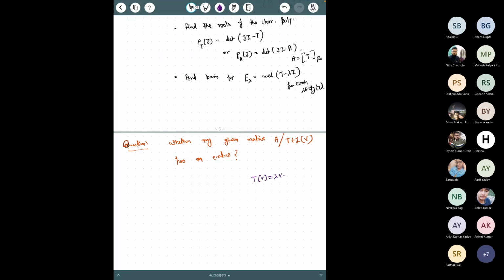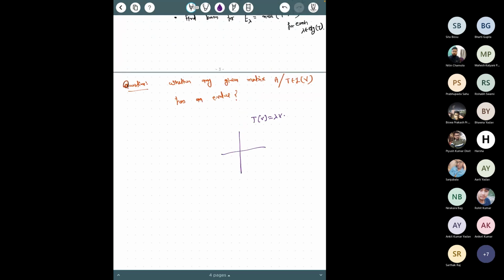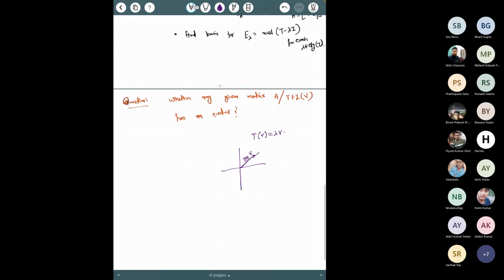By definition, a vector V is an eigenvector if, when you apply T on V, it remains in the same direction or is only scaled. It doesn't rotate. So if V is an eigenvector and you apply T on it, it goes somewhere along this direction, scaled in this direction or in the opposite direction. That's all. But it cannot change the angle.